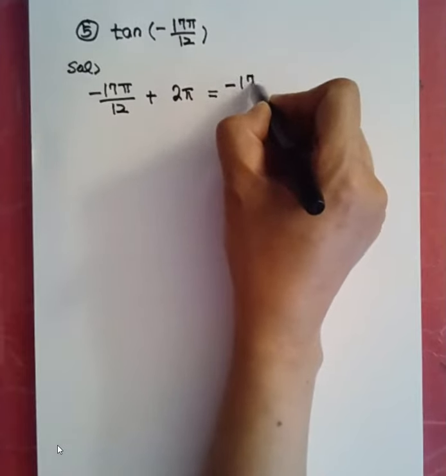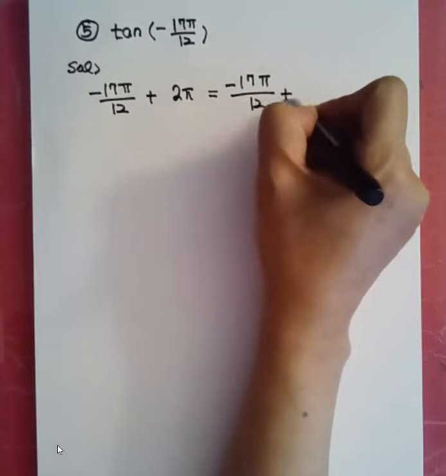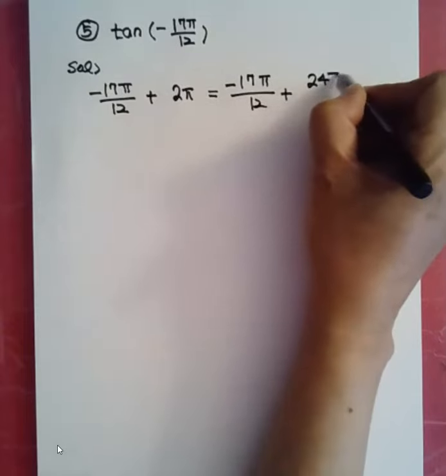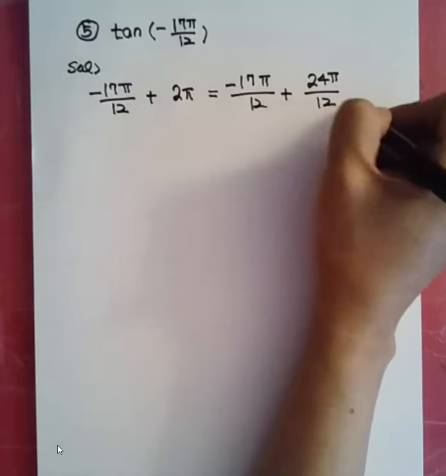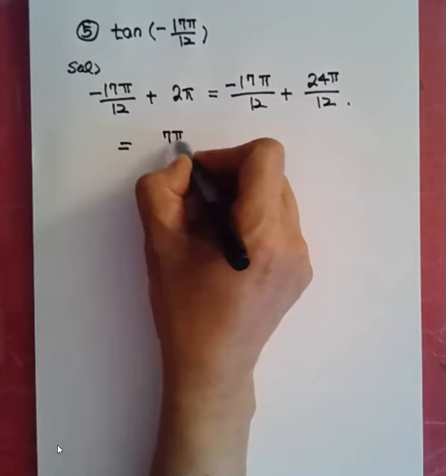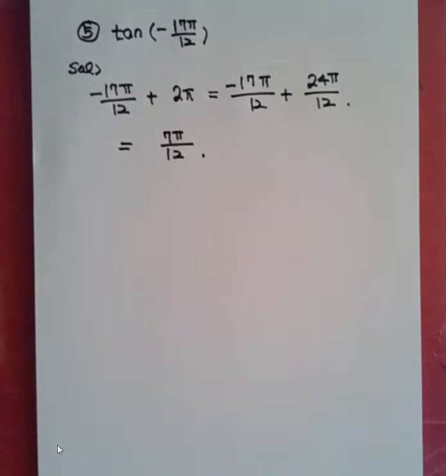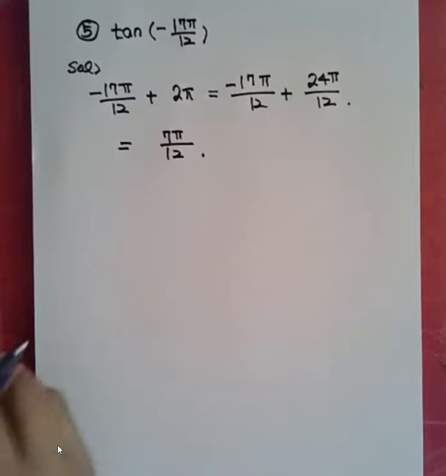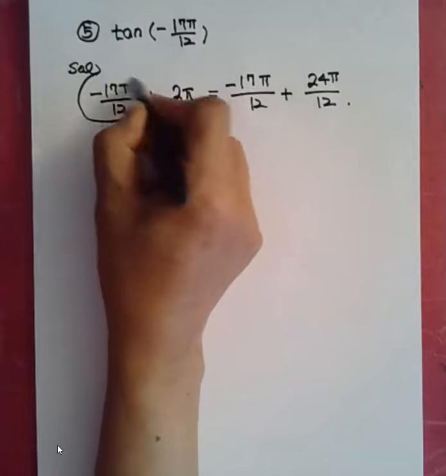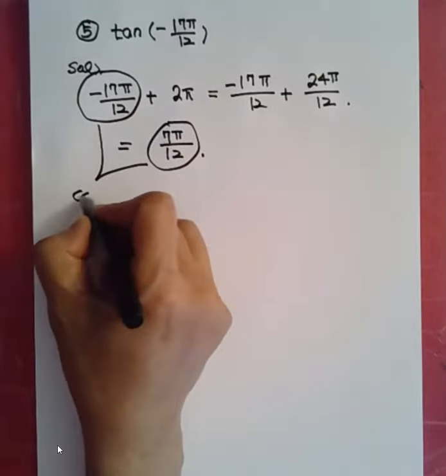Then it'll become minus 17 pi over 12 plus 24 pi over 12. So we can reduce that to 7 pi over 12. So those two turned out to be coterminal angles.